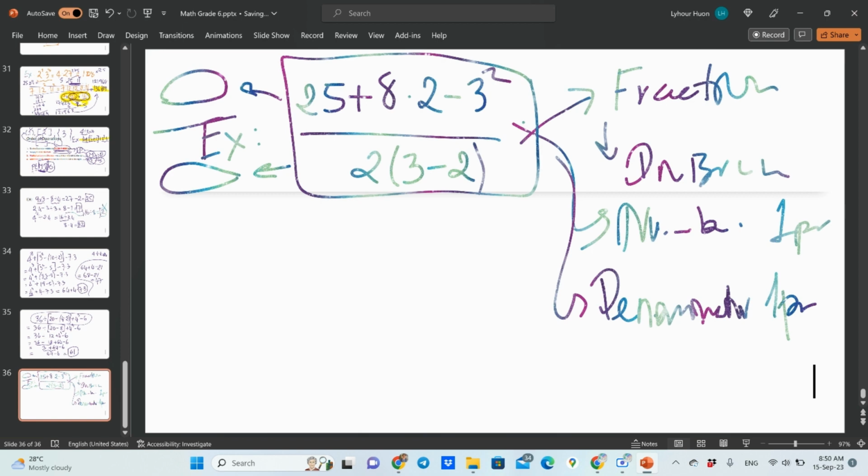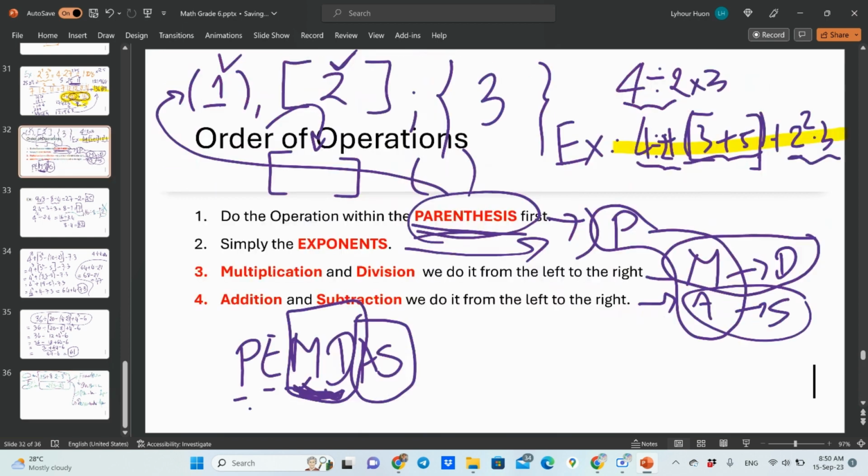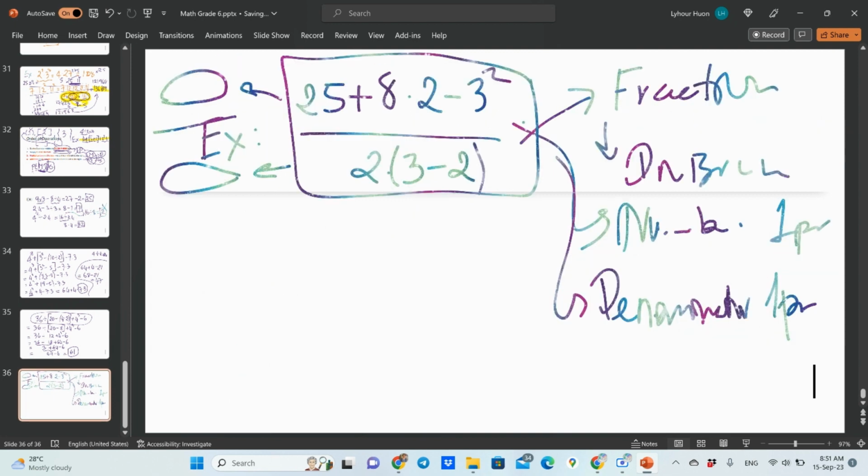Wait, so after we do the parentheses on the denominator, we multiply that by 2, right? When we have parentheses, in the order of operations, first we do the parentheses, after that exponents, then multiplication and division. So here we have multiplication and parentheses.